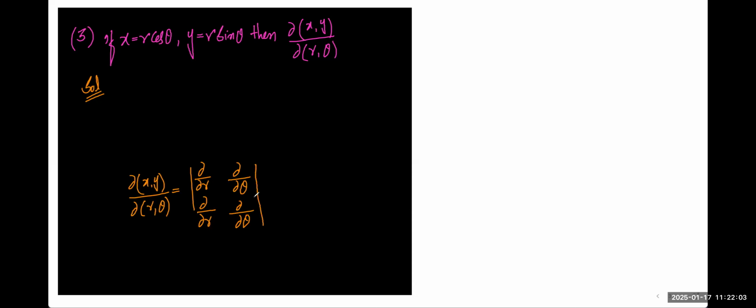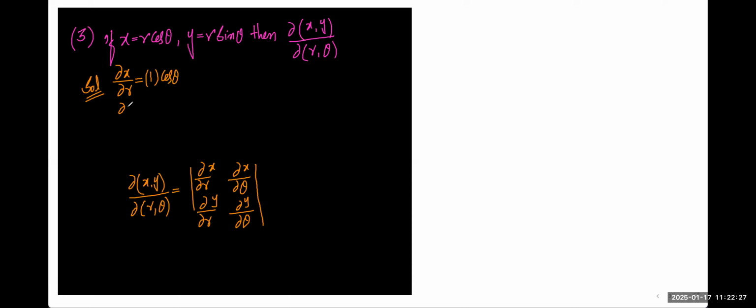The first row will be x, x, y, y. So x with respect to r, this one we can just do directly with respect to r. Your answer will be, r becomes 1, into cos theta.